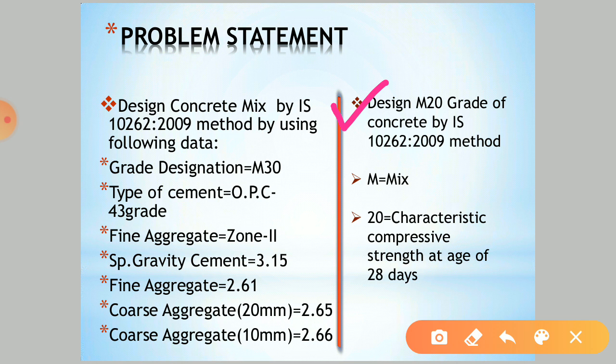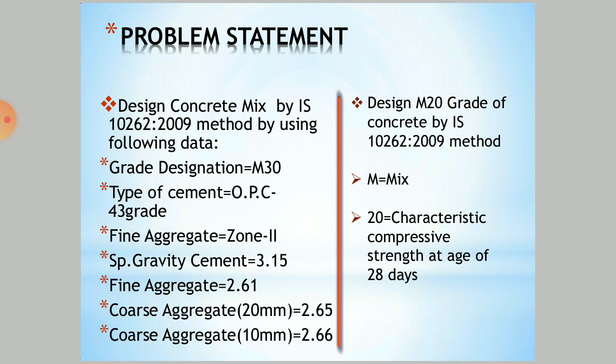Now one common question, what is the meaning of M and 20 in this M20. M is for mix proportion, the proportion of cement, fine aggregate and coarse aggregate, and 20 is the characteristic compressive strength at the age of 28 days.